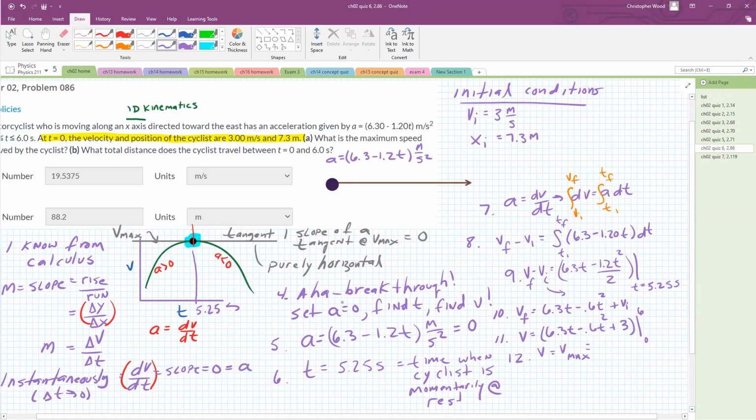I kept saying, well, we just got done showing that the velocity reaches a max value at t equals 5.25 seconds. So I need to make that change in step 9. I need to make this change in step 11. And then now you're good to go.